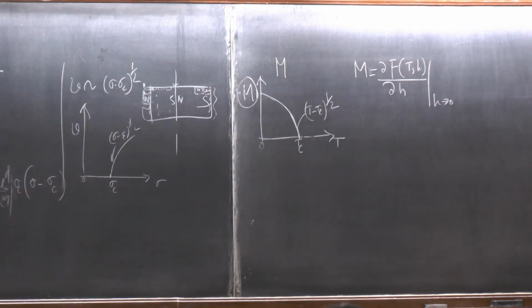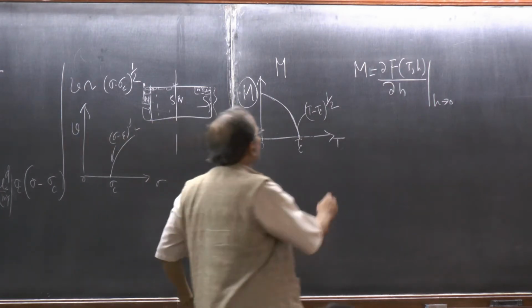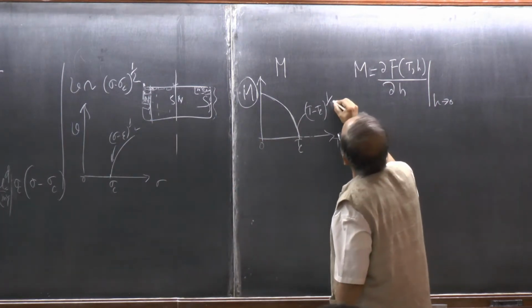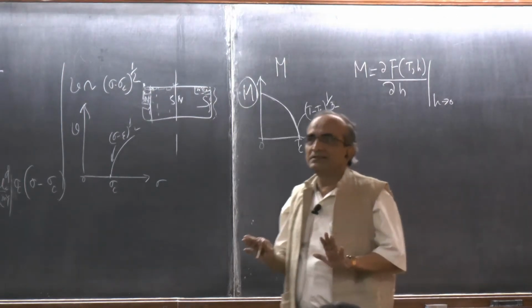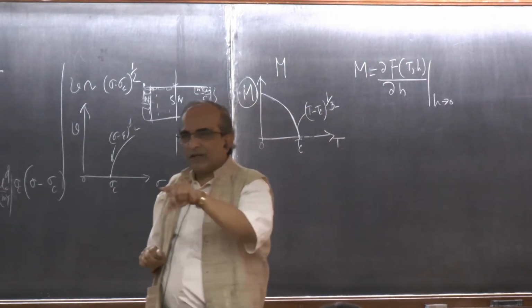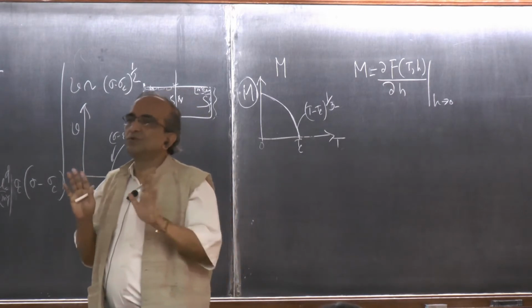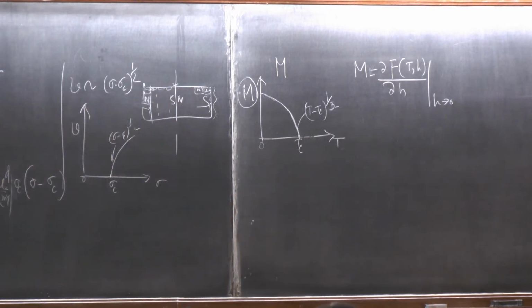But this non-analyticity is not very important because free energy is magnetization square order. So that is safe. But suppose this is not 2, this is say 1/3. If it is 1/3, free energy is magnetization square, so it is 2/3. And if I take a derivative with respect to temperature, then it would have singularities.